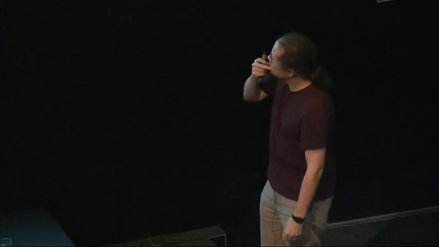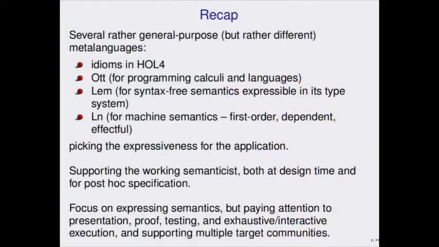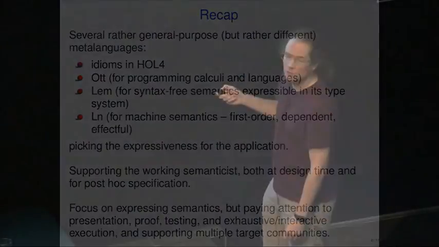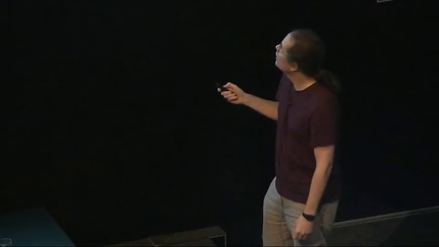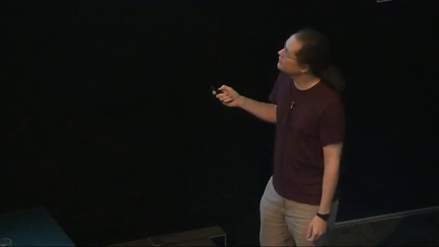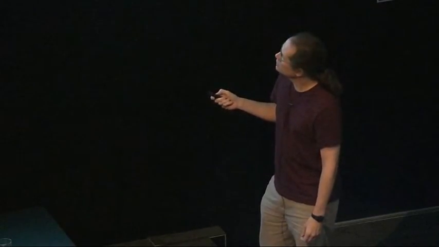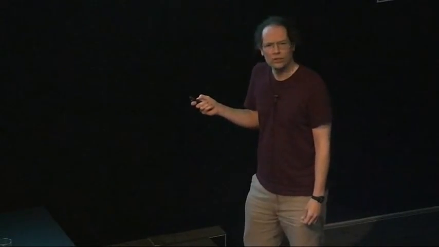Okay, so here were 5 little snippets. Well, really 4 different, I've told you about 4 different meta-languages. And they're all quite general purpose. So none of these, except possibly the last one, have any built-in commitment to, are you doing a reduction semantics or a big step operational semantics or a rewrite system or anything like that?